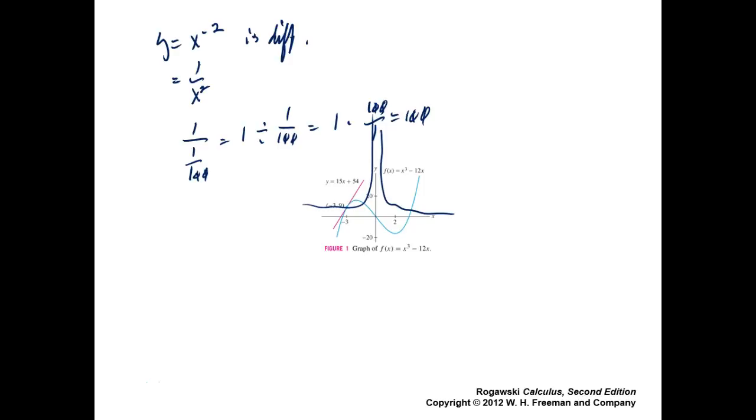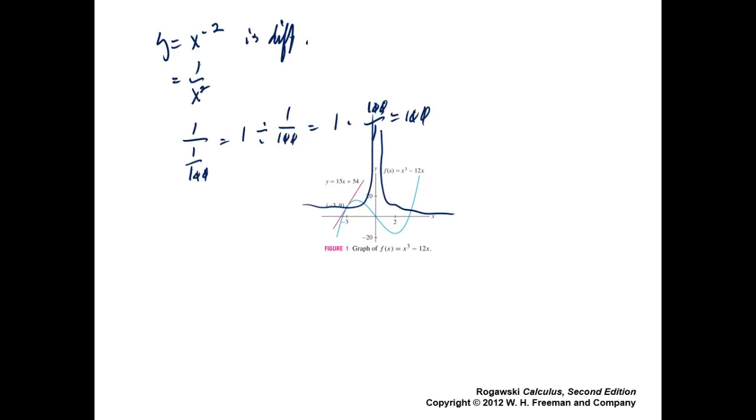So this function is defined for all x's from negative infinity to 0, not counting 0. Remember parentheses? And it's defined from 0, not counting 0, all the way to positive infinity. It's good everywhere except x equals 0.